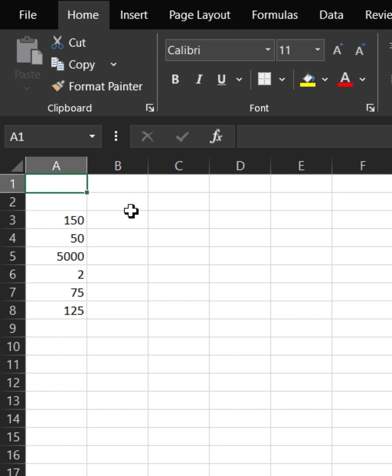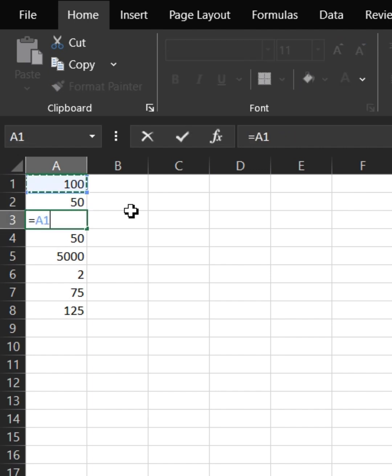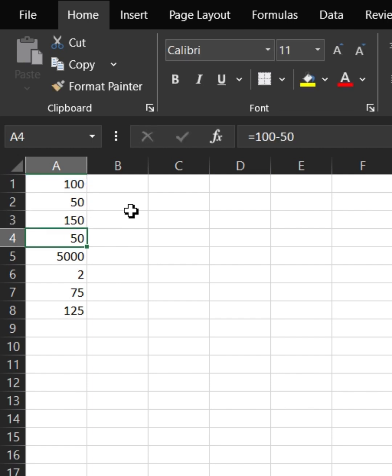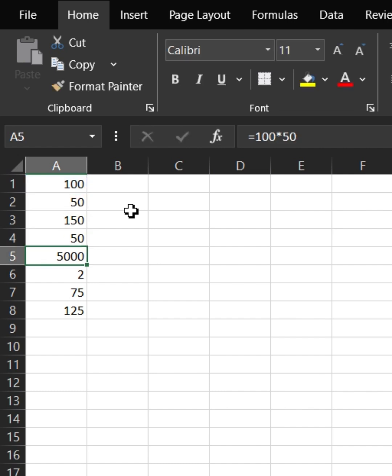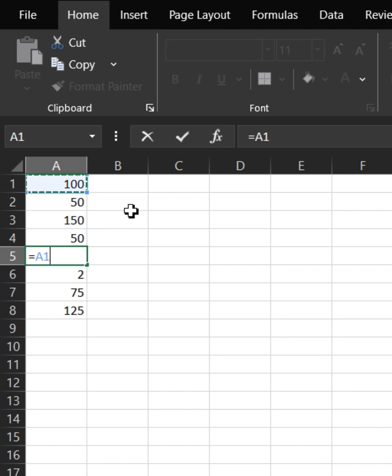So for example, here it's supposed to be 100 and then 50. So now you refer to A1 and then add A2. The same way here we do 100 minus 50. So A1 minus A2. So I think you get the gist now.